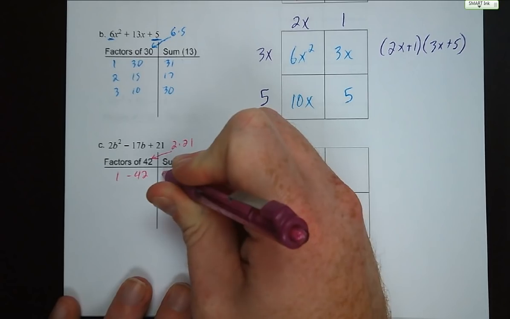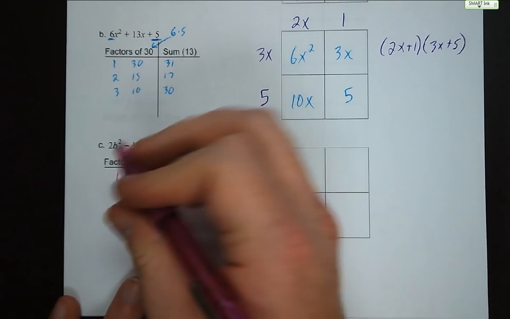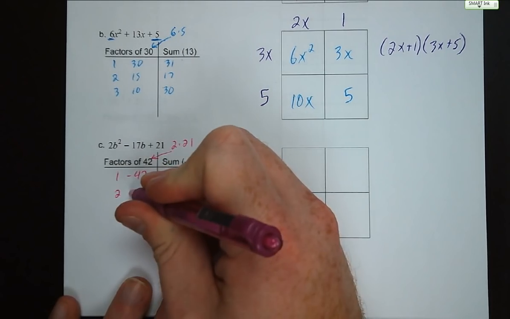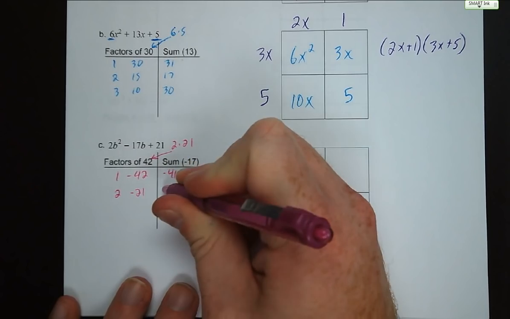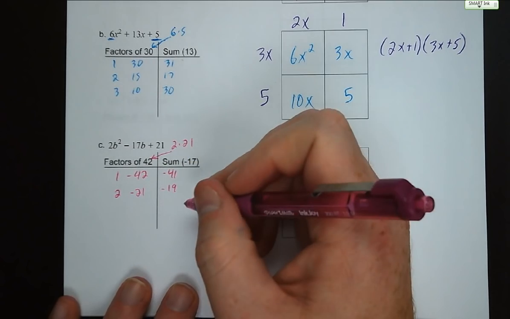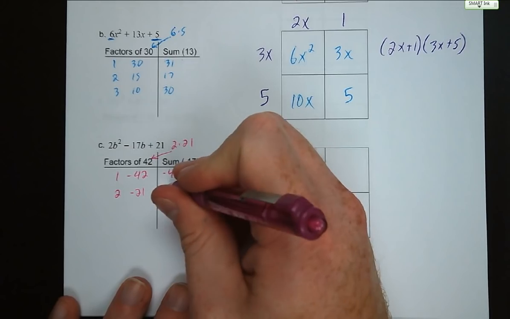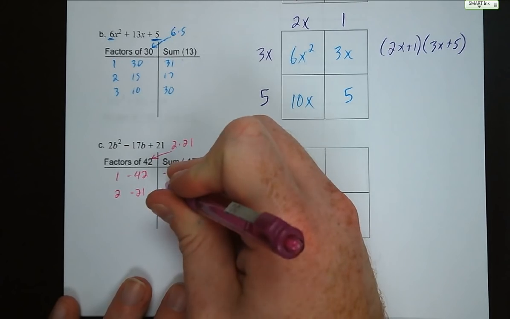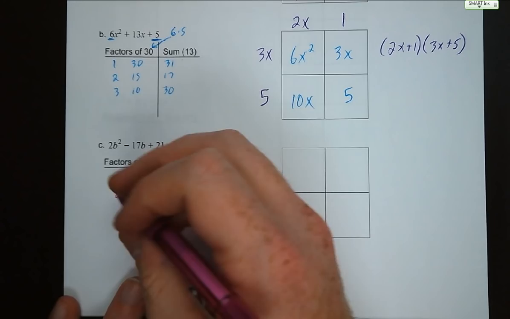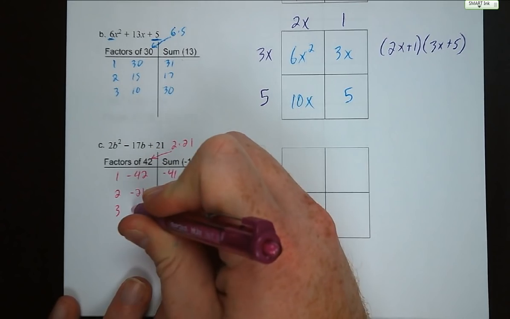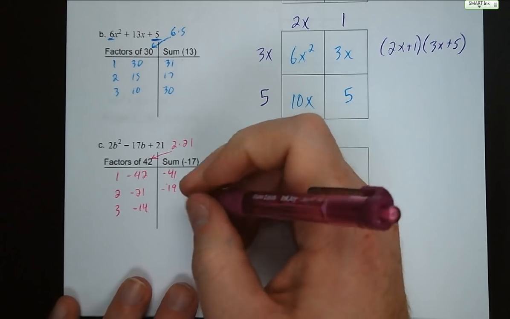That's going to give us negative 41, pretty far away. 2 and negative 21 gives us negative 19, negative 20, negative 19, getting closer. And let's try 3 and negative 14, that's a factor.